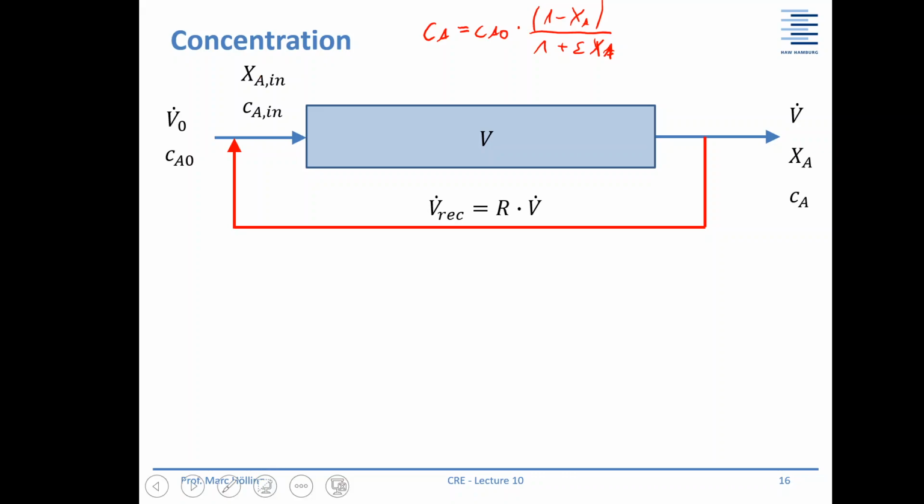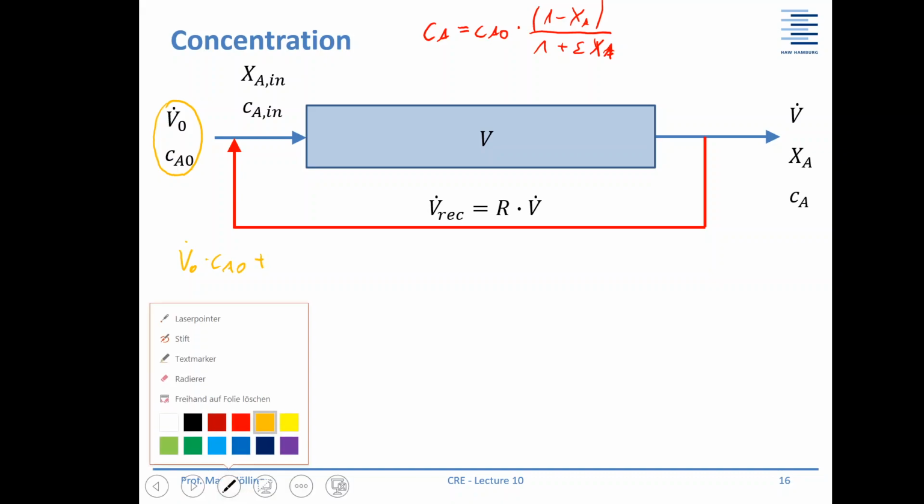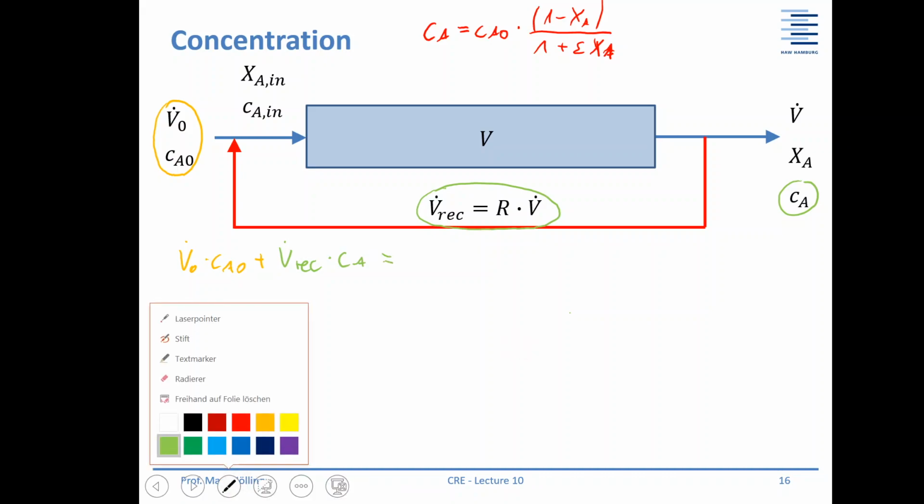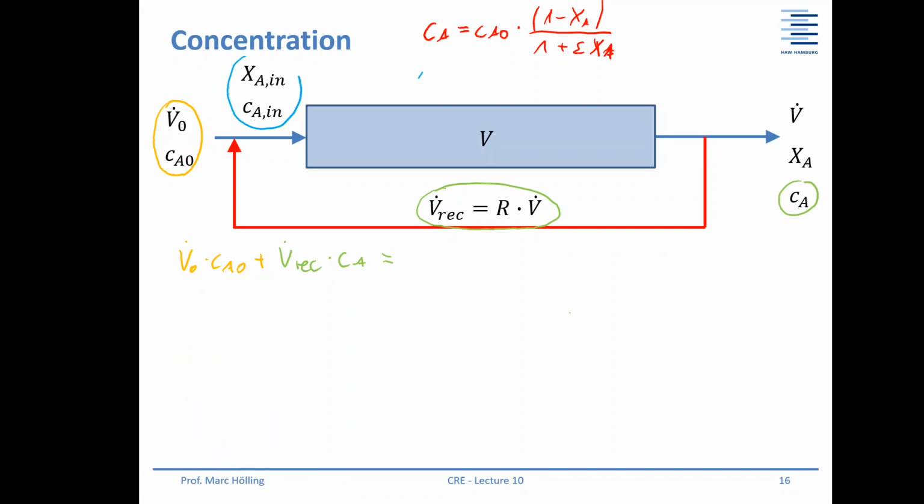Okay, then I will do it in different colors. So here we can say, our initial volume flow times the initial concentration plus the recycle flow times the concentration at the outlet of the reactor should be equal to our new unknown concentration.